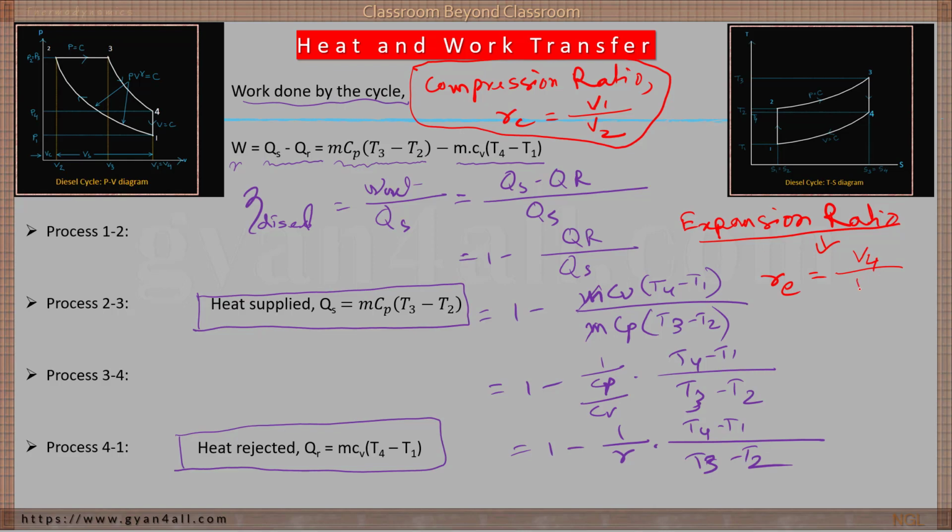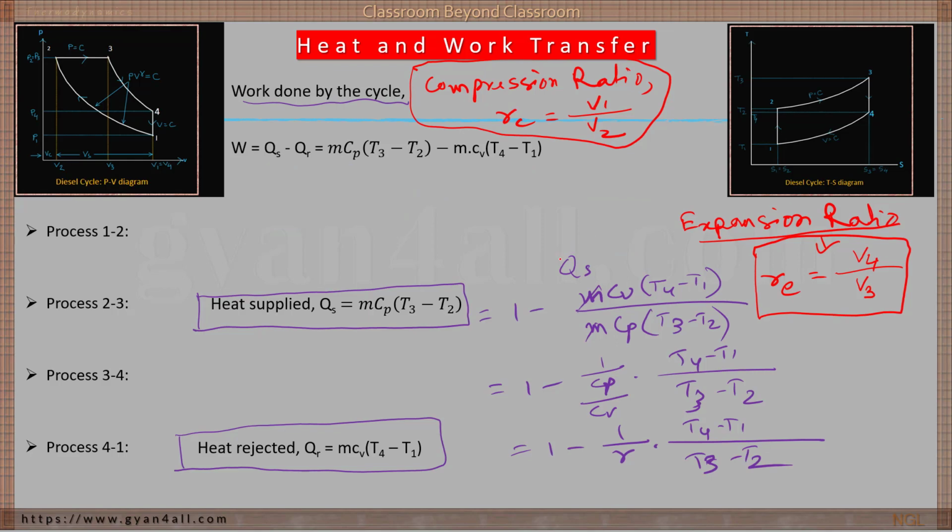V4. And what is the lower volume? V3. So this is RE. But in the Otto cycle, RC was equal to RE. In the diesel cycle this is not so. Compression ratio is different from expansion ratio.